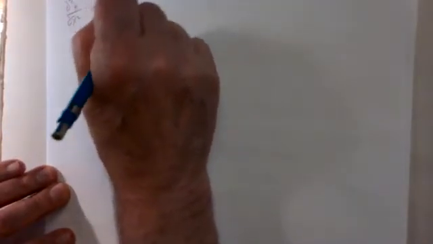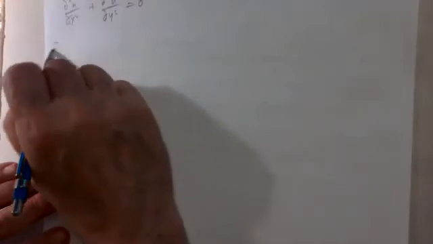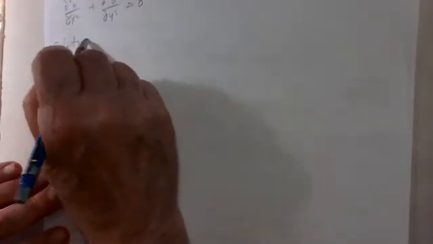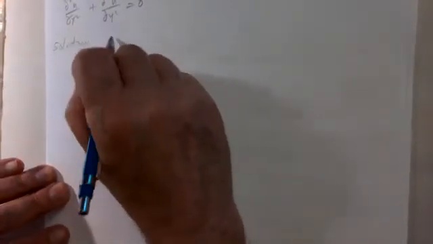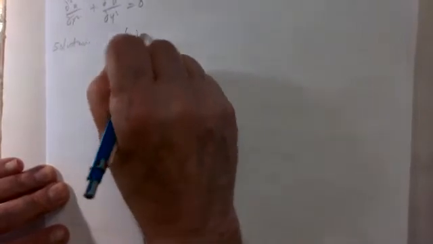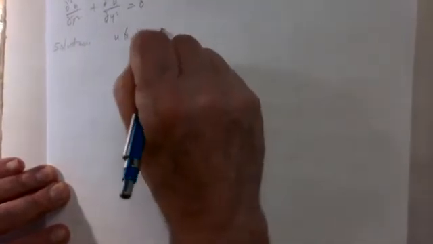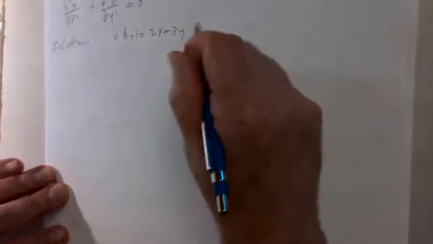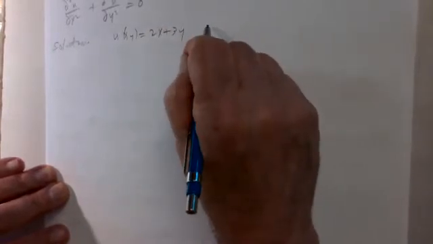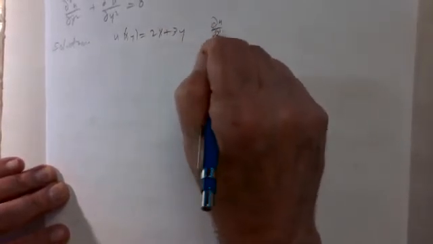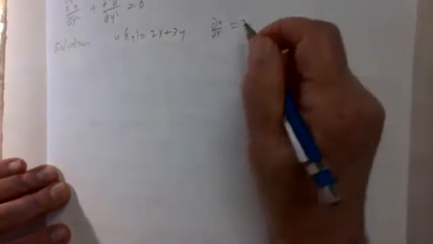How do we solve that equation? Well, that's not a trivial problem. What are some solutions? Suppose we let u of x, y equal 2x plus 3y. Then the partial of u with respect to x is 2.